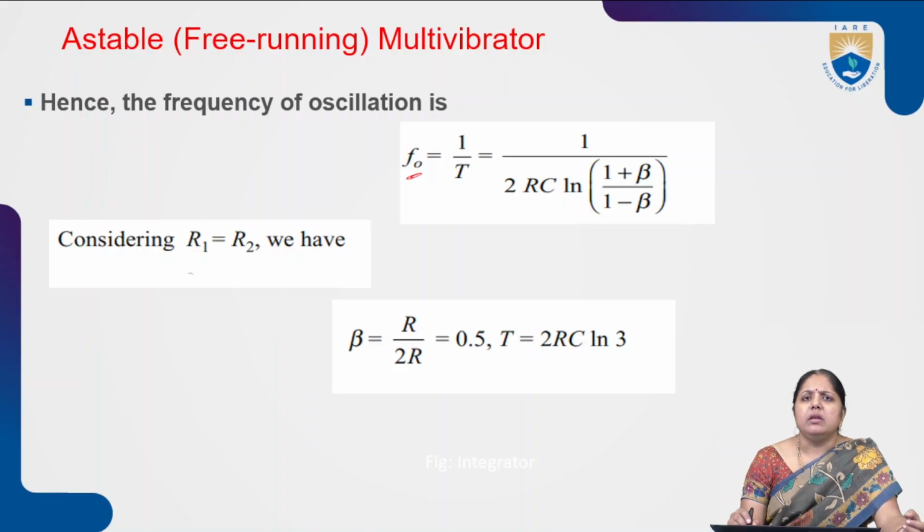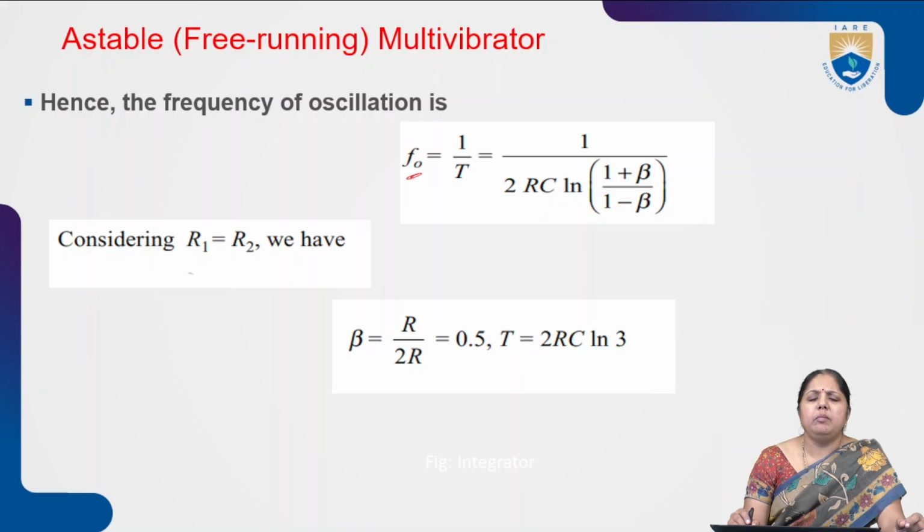Simply based on the capacitor charging and discharging and the op-amp functionality itself, because of the charging and discharging time it takes, I automatically get the corresponding square wave. The other name of this astable multivibrator is square wave generator. Without giving any external trigger pulse, it generates the square pulse automatically.